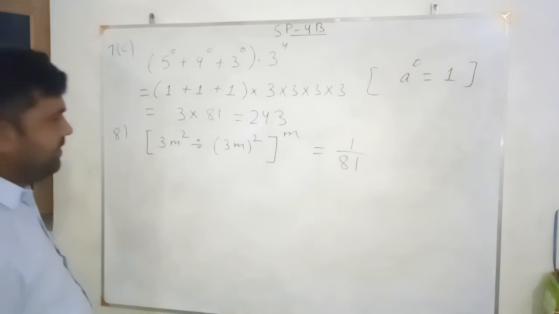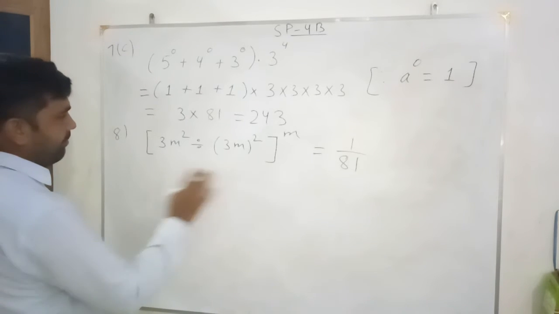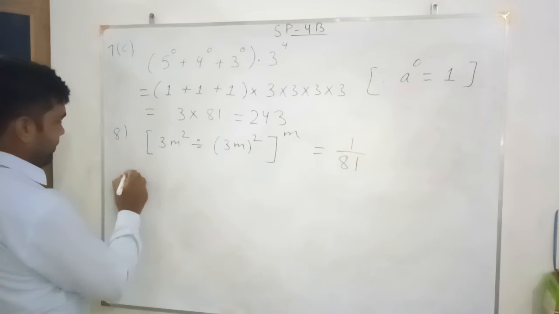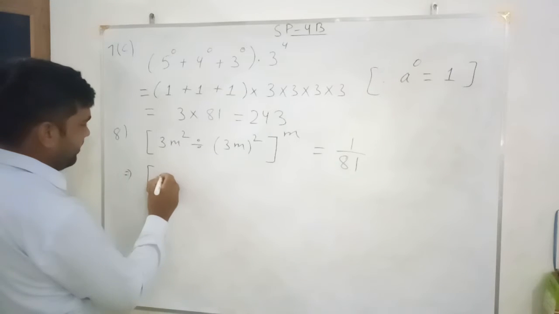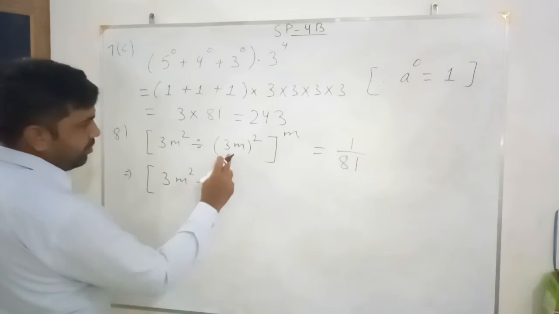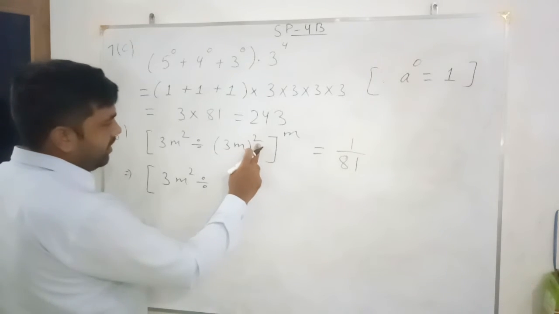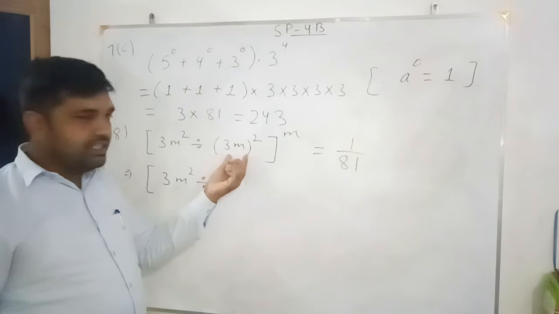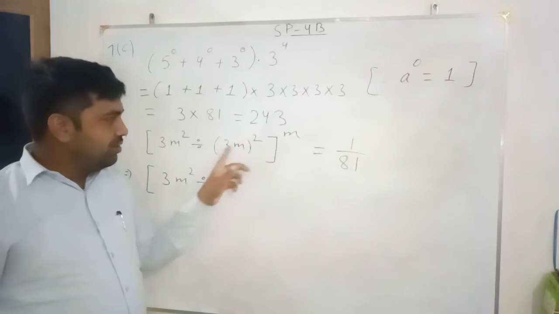Now see how we solve this. Here first we solve the bracket. Inside the bracket, what we have, 3m square divided by, and here you get the value 3 square, 9, because this power 2 is for both the bases. Here in this parenthesis you can see there are two different bases, one is 3 and the other is m. So this power is 2 for both.